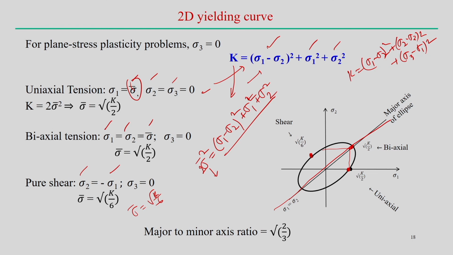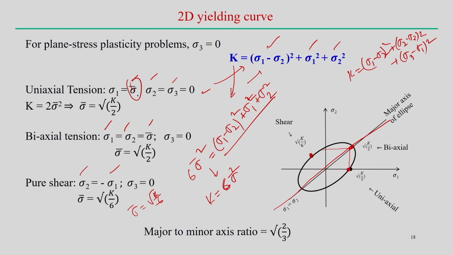Similarly, suppose the experiment is conducted under the pure shear condition. Then this constant value can be different; in this case k equal to 6 sigma bar square. So, if we replace this sigma bar square and k equal to 6 sigma bar square, this expression can also be used to predict the yield stress value, or yield surface, or maybe yield curve.